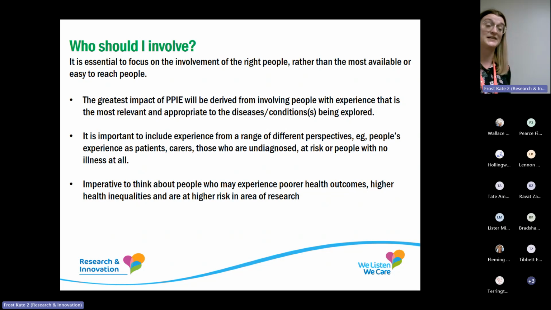So it's fundamental we need to tackle that health inequality gap now, involving the right people in the right project. And also at higher risk as well. And that's imperative. And we have tools to help people identify who that population is as well, that I think is your research that we can help you with.